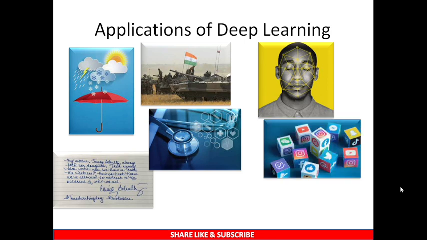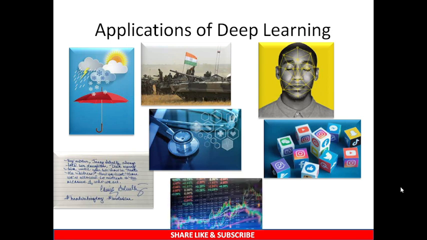And then in all the social media platforms, such as Facebook and Instagram, it is with the help of deep learning that the system generates suggestions of videos and posts for the particular customer.